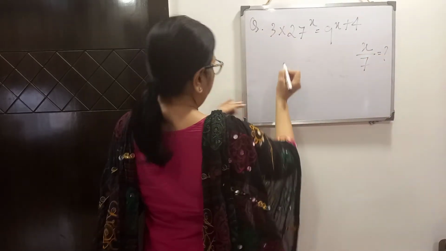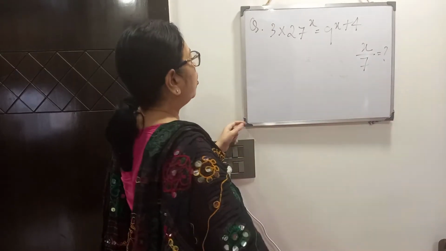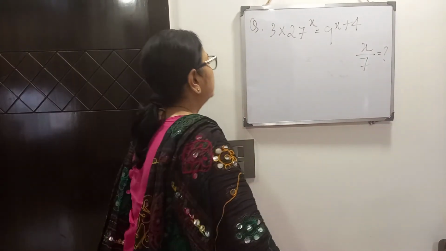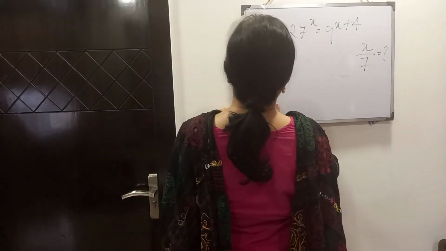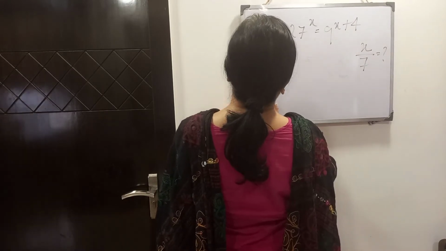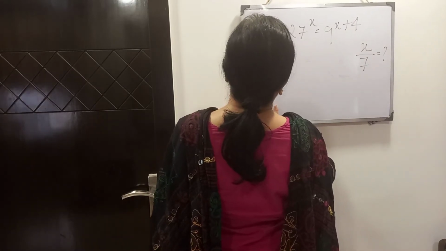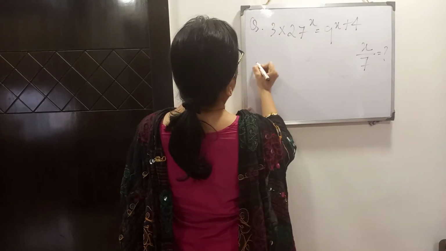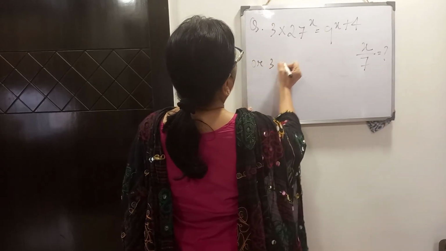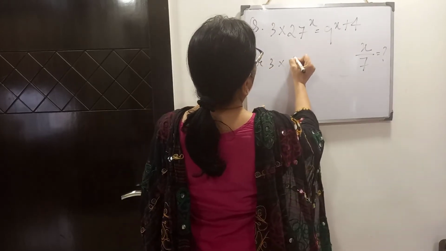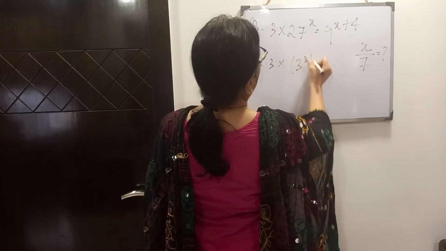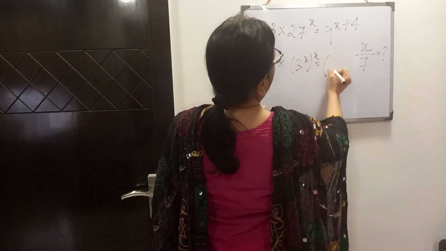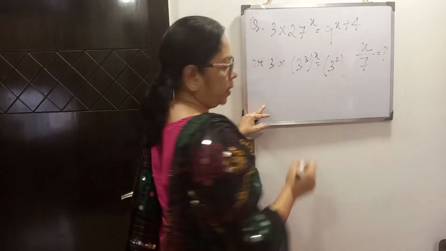Now see from this side, all will change in terms of the prime number 3. Clear? 27 means what we can write? 3 cube, and 9 means 3 square.